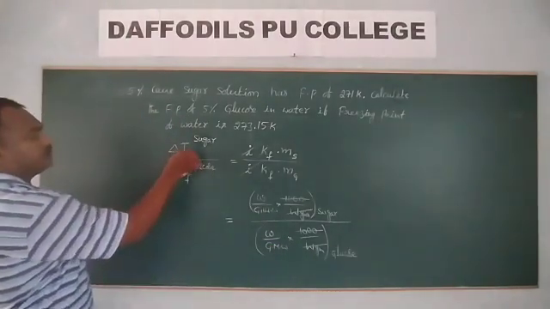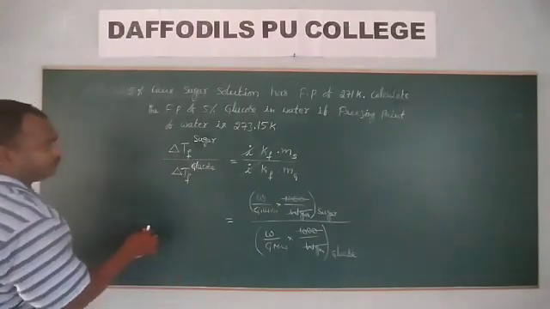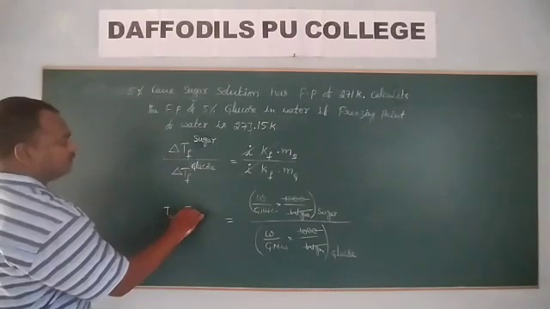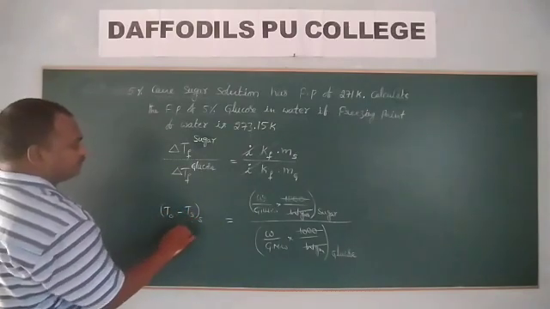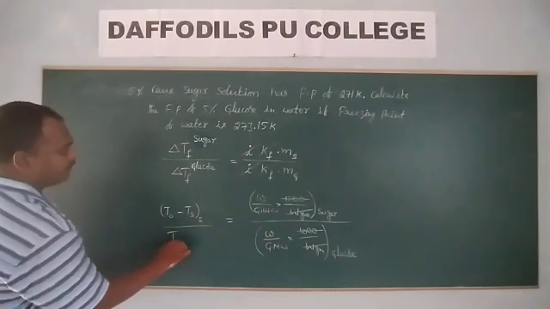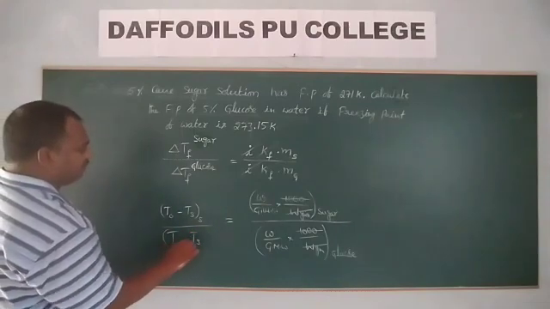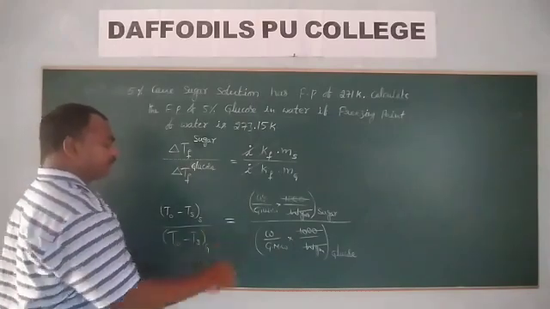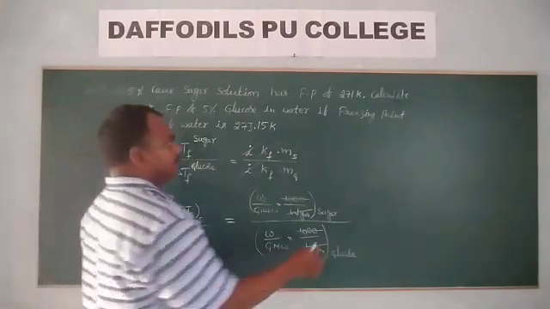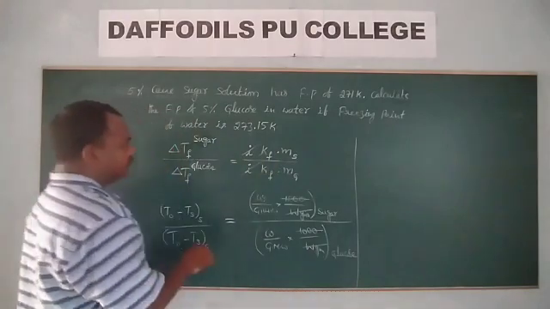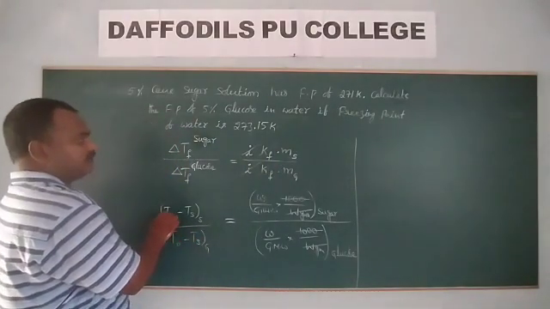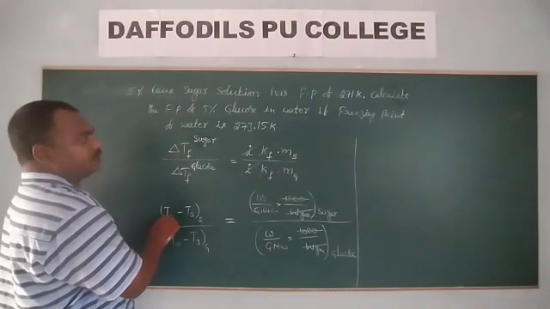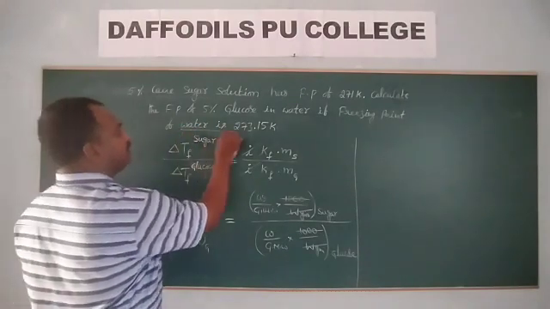Now come to this part. Delta Tf of sugar. The Delta Tf formula is T0 minus Ts of sugar by T0 minus Ts of glucose. T0 means the freezing point of the solvent. So the solvent is water.